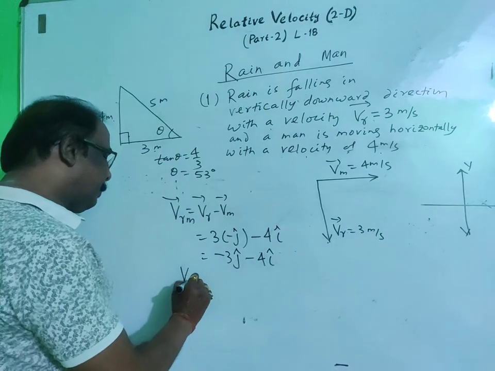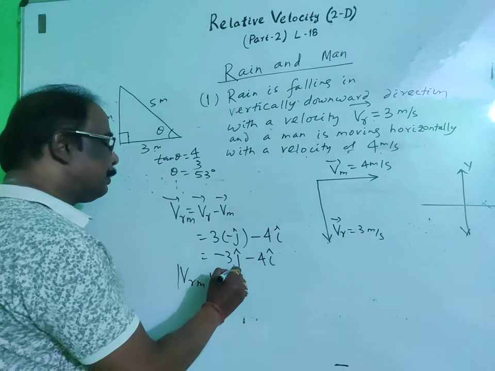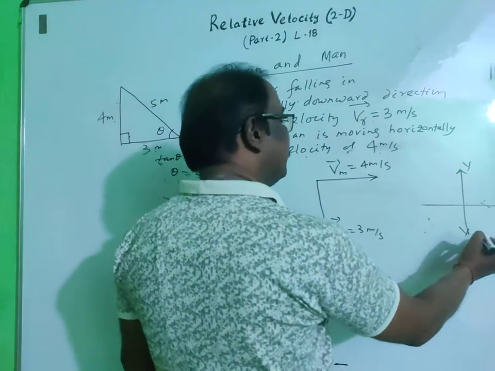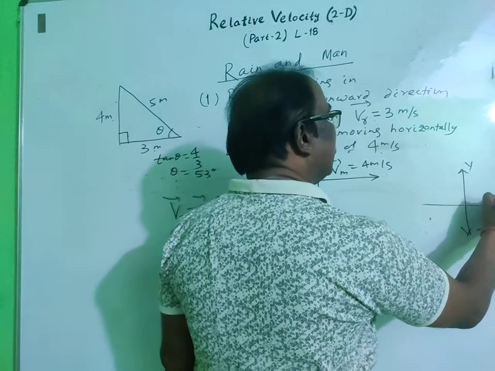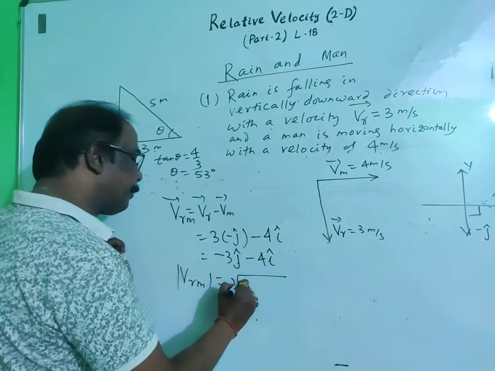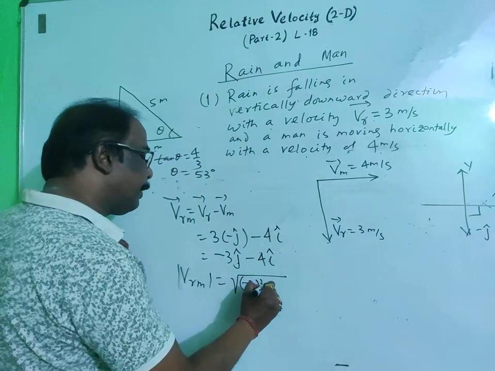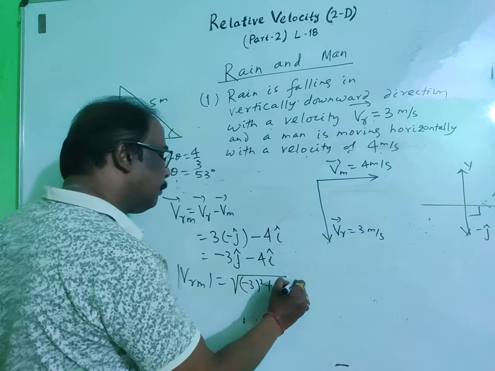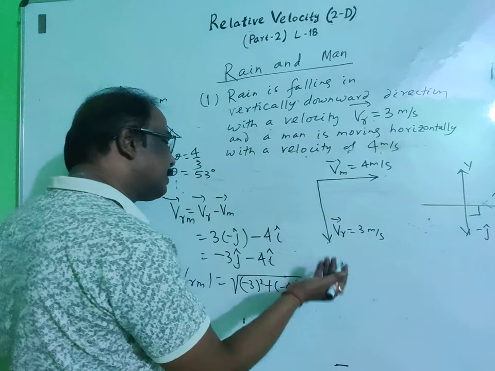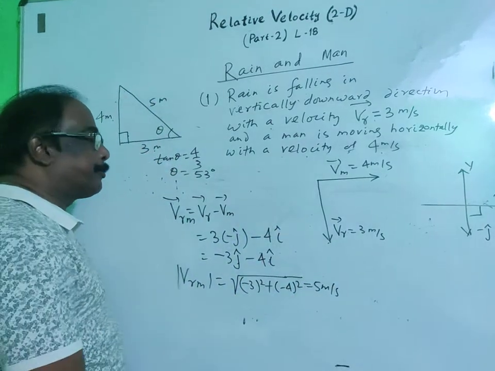Magnitude of relative velocity: the angle between minus j cap and i cap is 90 degree, so magnitude is square root of minus 3 square plus minus 4 square. Again this is 5 meter per second, the same answer.